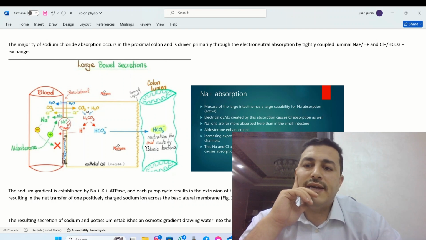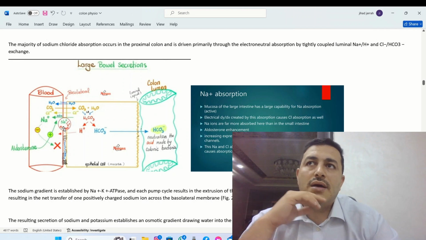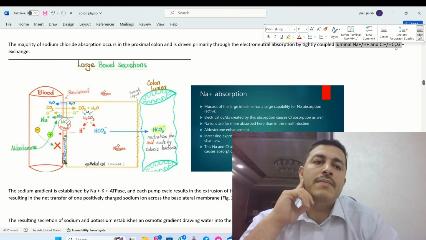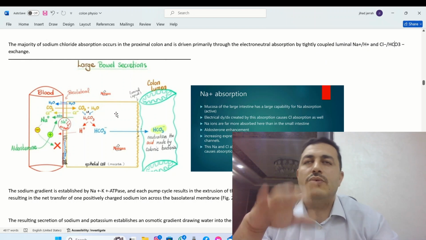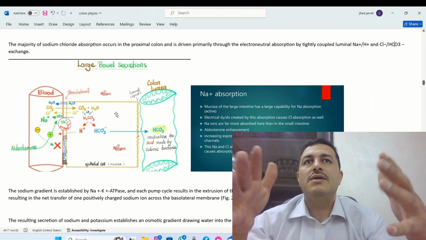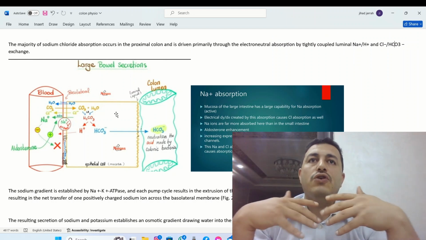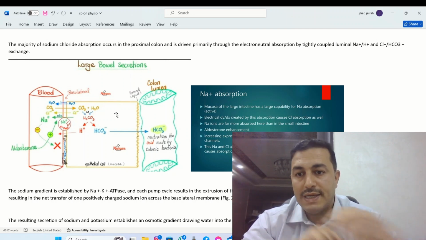This is regulated by the Na-K ATPase, and we have the luminal exchange of sodium and potassium and chloride-bicarbonate exchange, which finally result in sodium, water, and chloride absorption and excretion of bicarbonate and potassium.